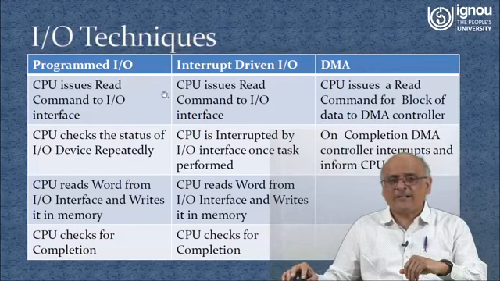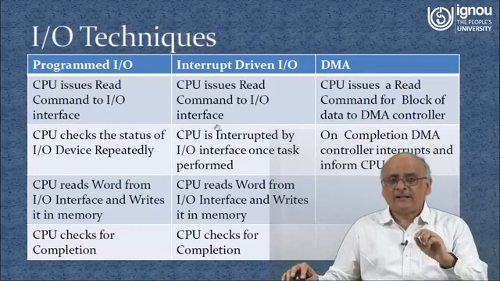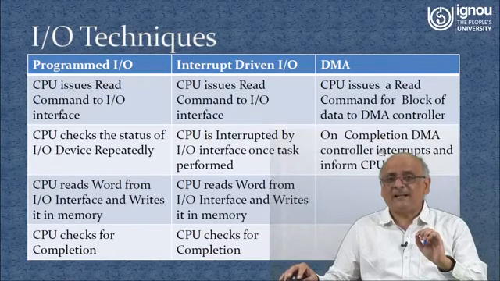What is the difference between these two? The basic difference is that here the CPU completes the job. The input-output interface basically interrupts the CPU that the data is available with it, and the CPU does the writing into the memory, whereas DMA can directly write into the memory location.